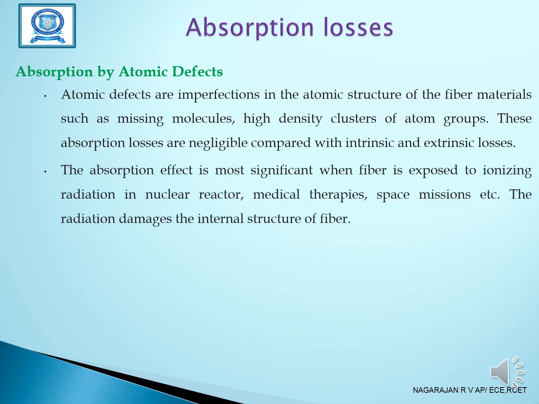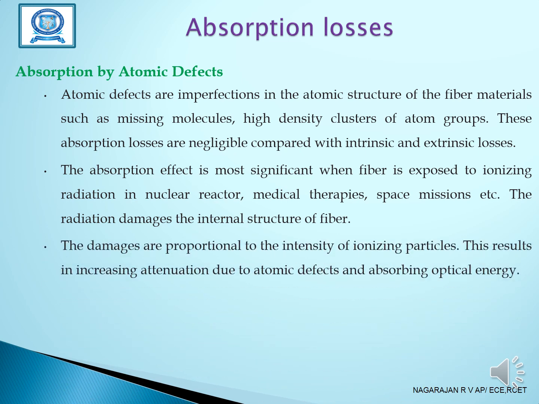The absorption effect is most significant when fiber is exposed to ionizing radiation in nuclear reactors, medical therapy, space missions, etc. The radiation damages the internal structure of the fiber. The damage is proportional to the intensity of ionizing particles. This results in increasing attenuation due to atomic defects and absorption of optical energy.